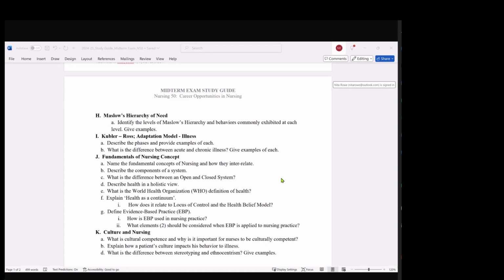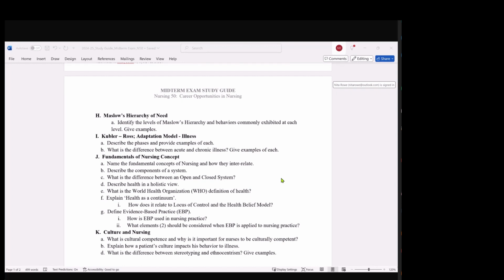Anybody? Let's see who's here. Patricia, self-actualization, that's one level. Evan says physiological, safety, social. Perfect, beautiful, you guys. You know our friend Maslow.